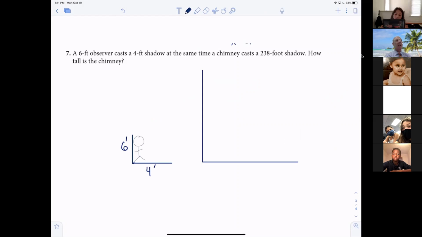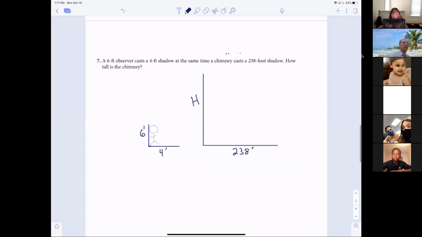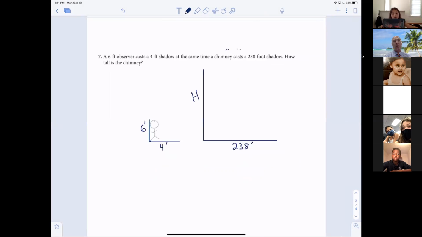Now, some of my kids in the last class didn't know where the 238 went. Where is the shadow generally located? On the ground. I had to explain that to someone last class. 238 feet is the shadow that's on the ground. I'm trying to figure out how high this chimney is. So now set it up for me, Josh.